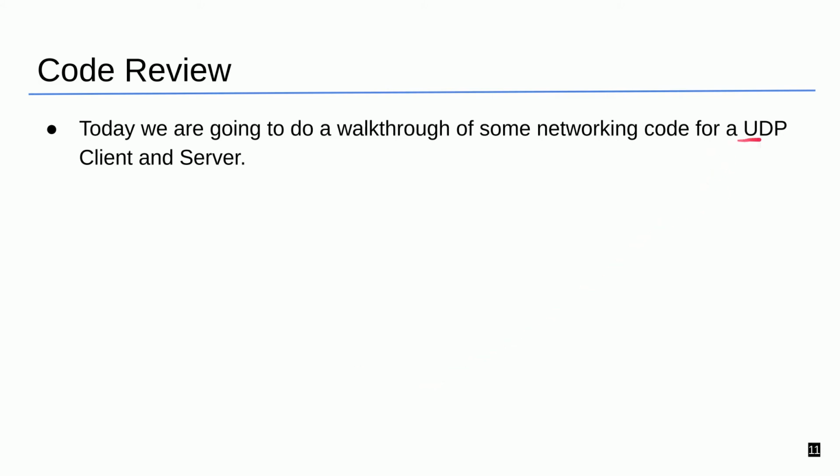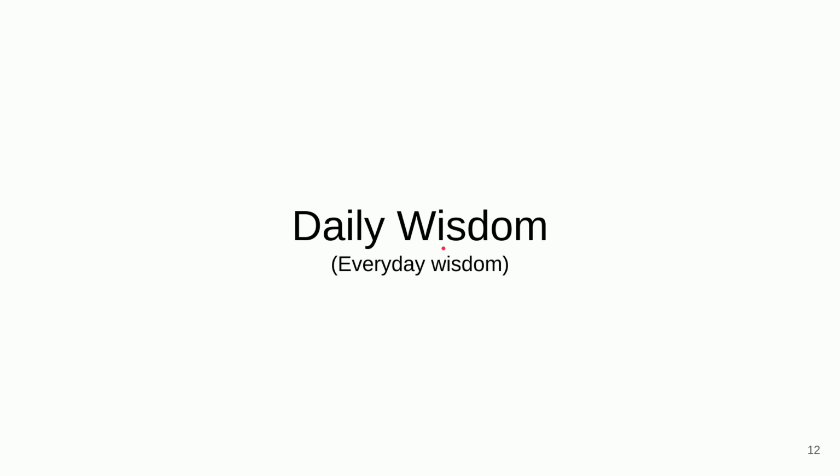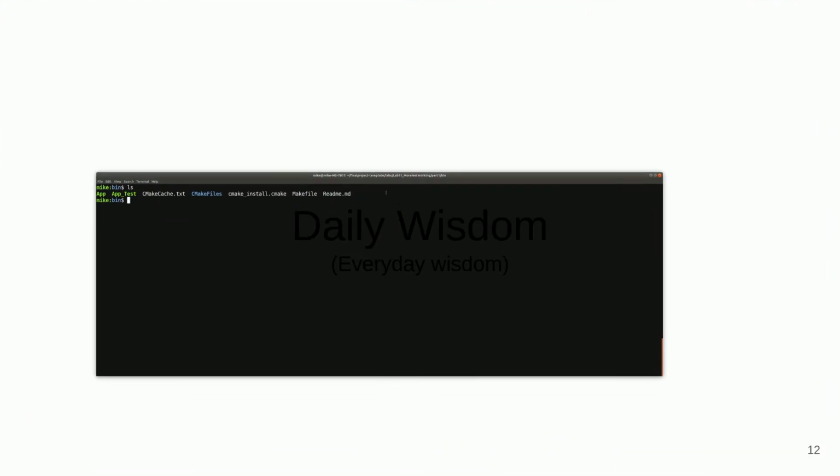Today I've provided UDP, but you might be using TCP, which is fine. Either strategy can work for this project, but I just happened to work on a quick UDP model for us. I'll jump back to our daily wisdom after showing you the code.